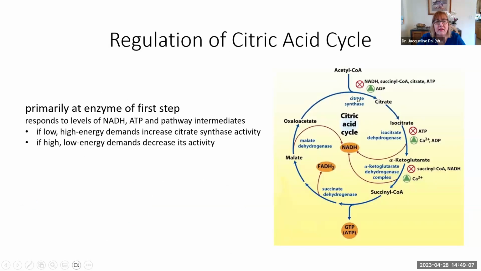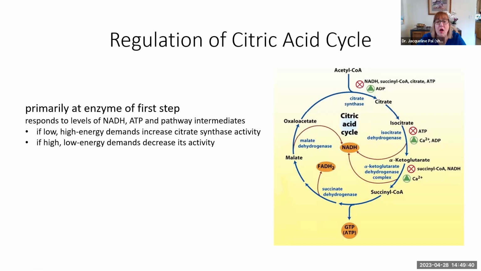So how is this regulated? It's primarily at this very first step where we are going to make the 6-carbon citrate. We've got that 2-carbon thing going in. Once again, if there already is a lot of NADH and ATP in the cell, then demand for more energy is very low, and we will not have very much of this pathway occur.